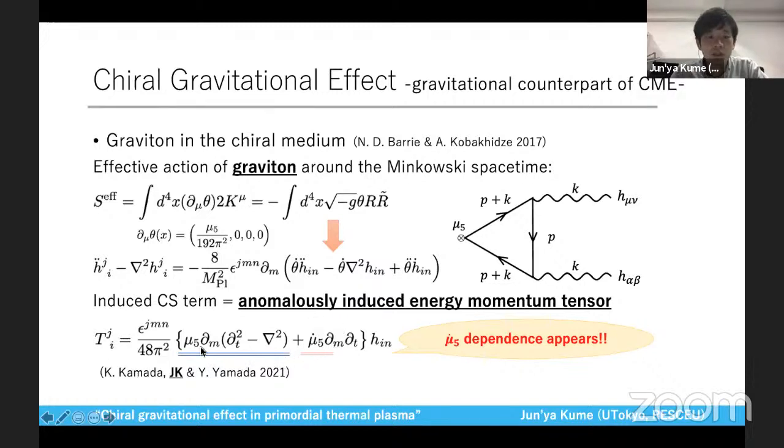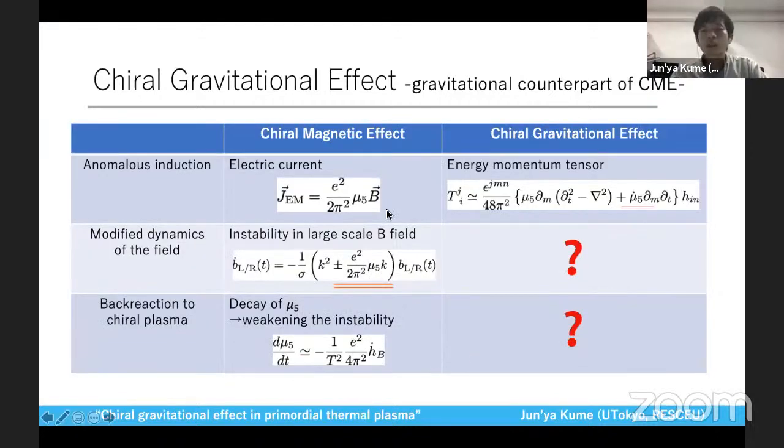Now you can see this part corresponds to the pioneering works, which assume a static fermion background or chemical potential. But here, I'd like to emphasize that mu5 dot dependence appears. So this treatment takes into account the time dependence of the backgrounds. Now we can consider some correspondence between these two effects.